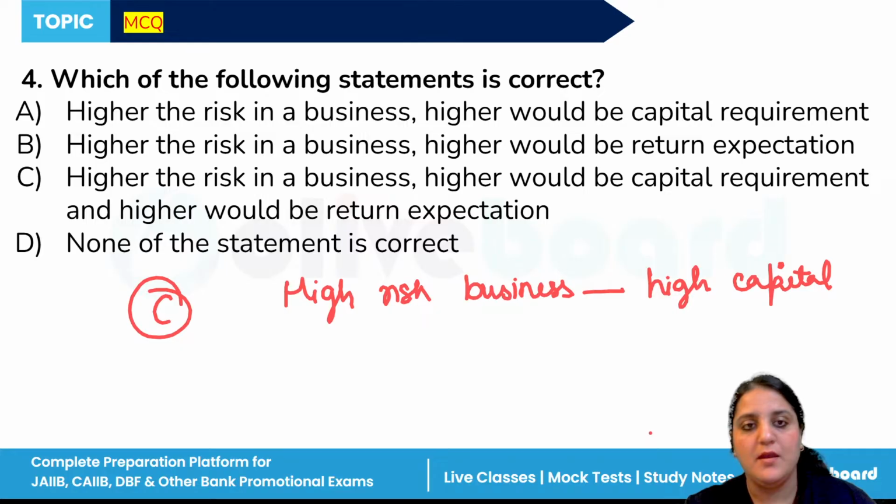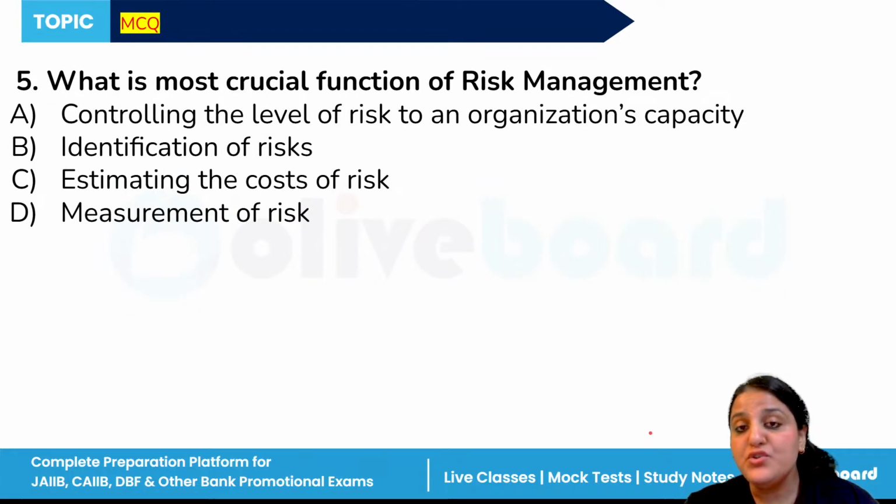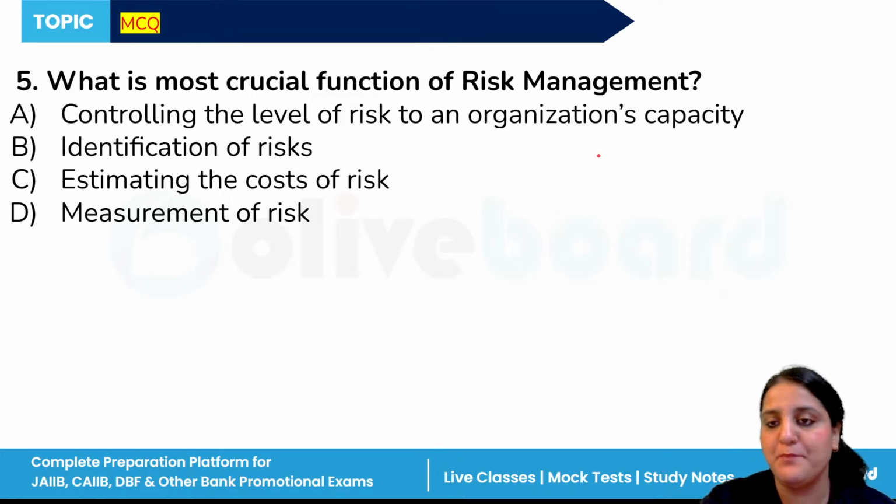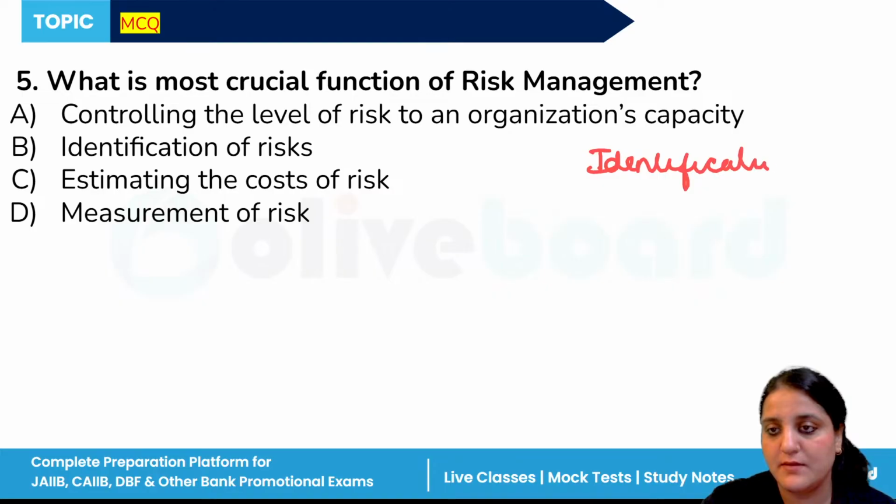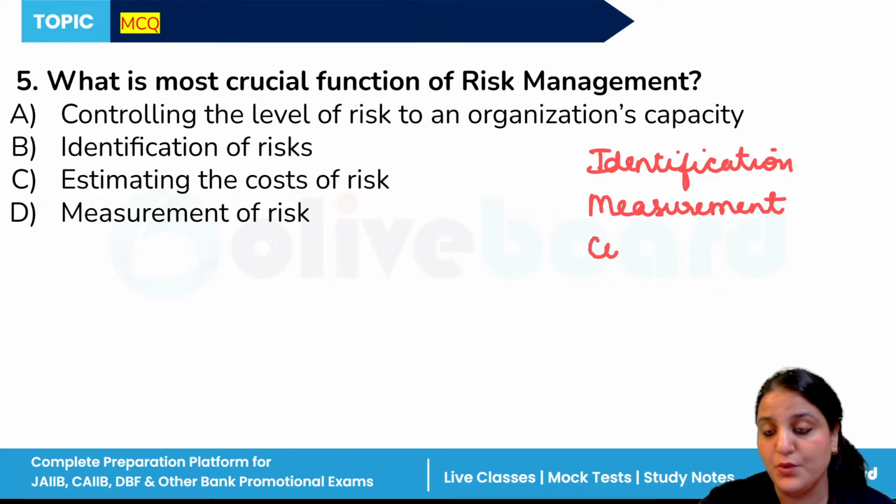Here, what is the most crucial function of risk management? We know that risk management is the process of identification, measurement, control and mitigation, and monitoring.